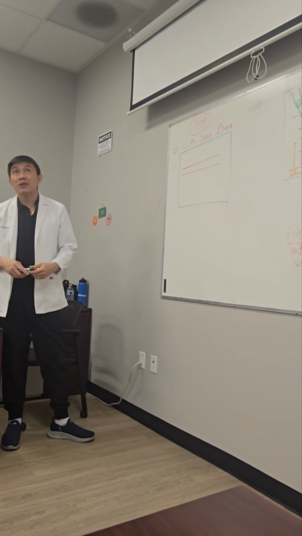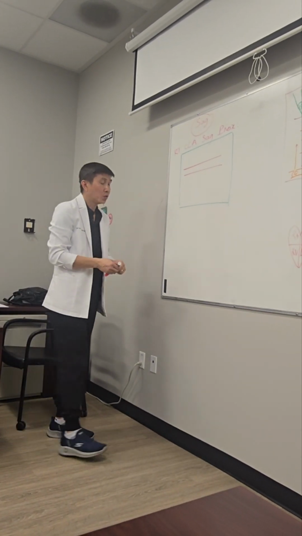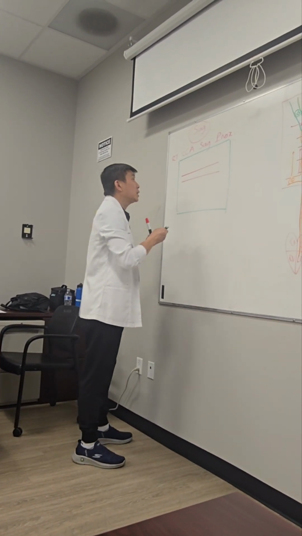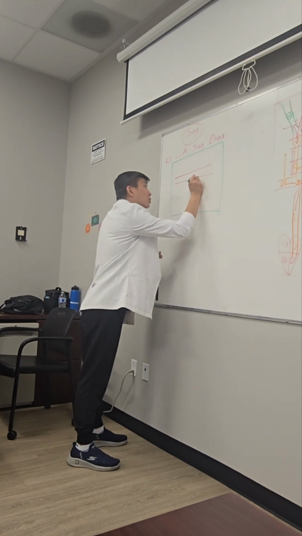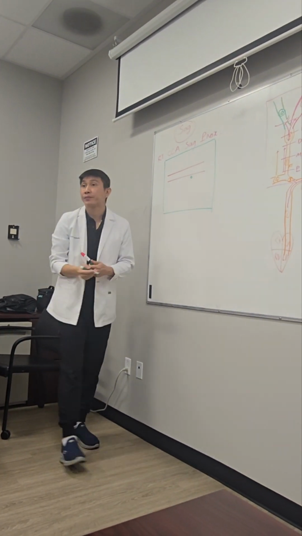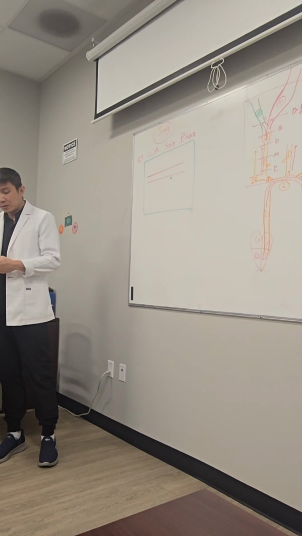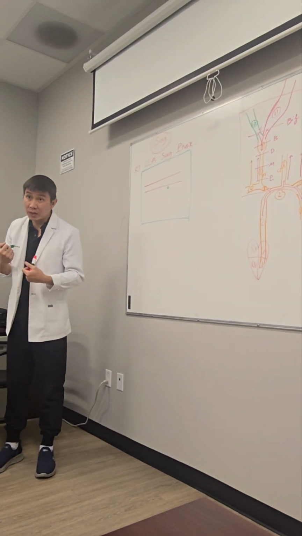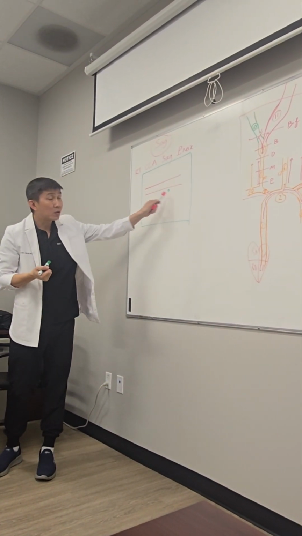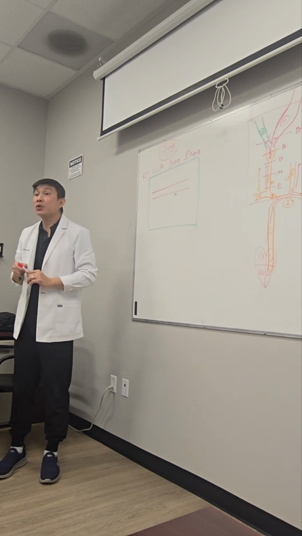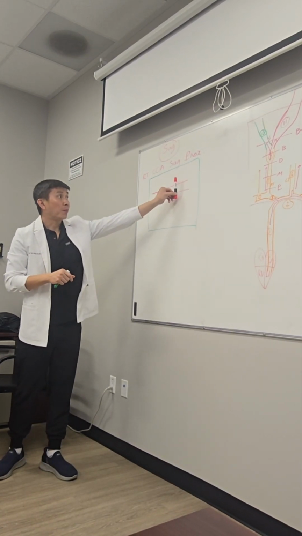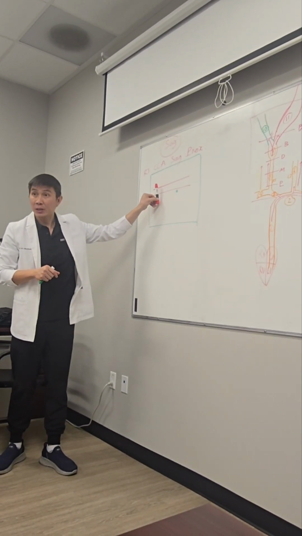Okay? In some people, you will see a circle right here. And this is my experience only. I use this circle like a landmark to separate between proximal and mid.